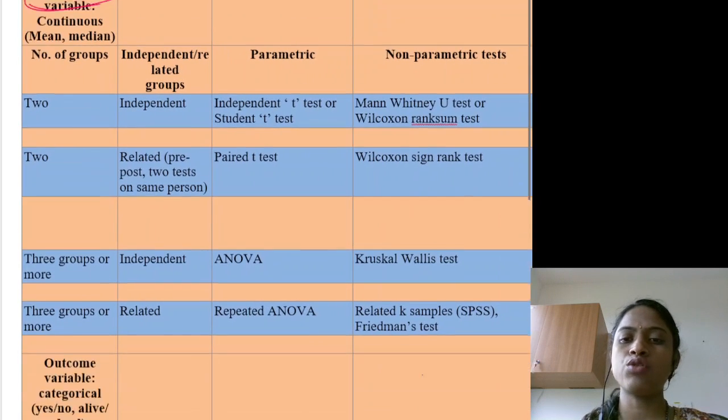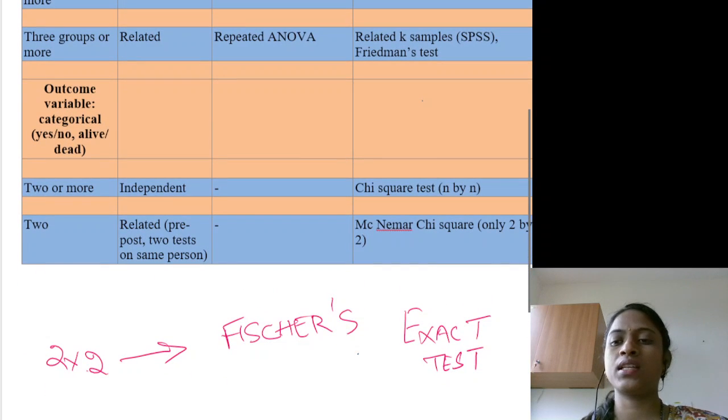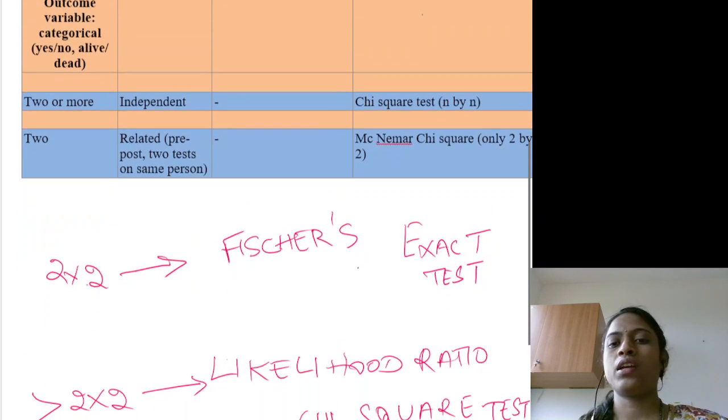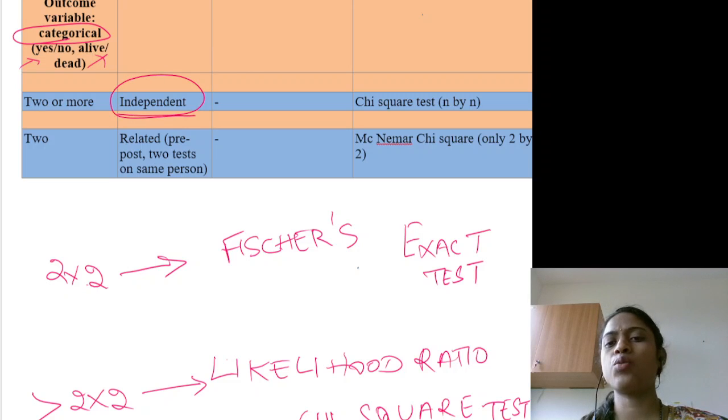We'll see how to choose the statistical test for a categorical variable first, because it is very easy and simple. If the outcome variable is categorical, for example yes or no, alive or dead, or disease present or absent, then we see whether the groups are independent.